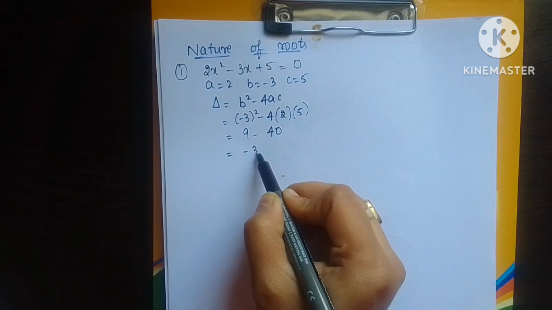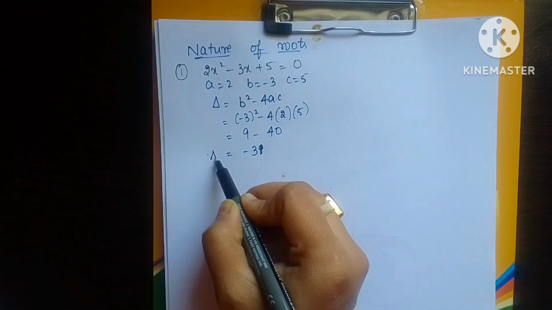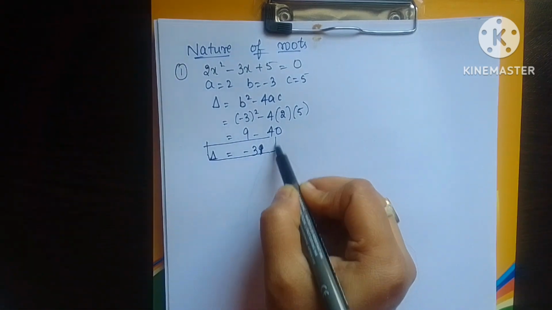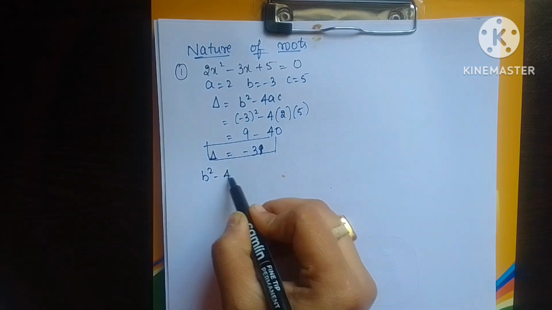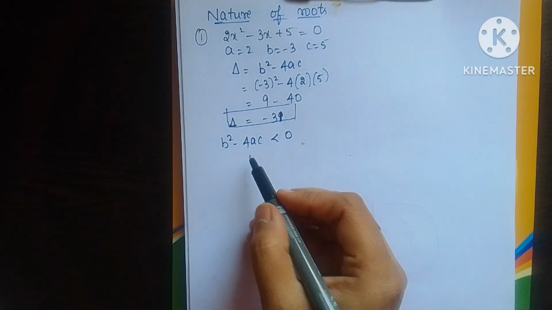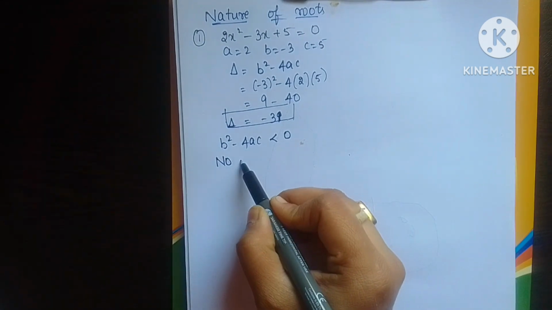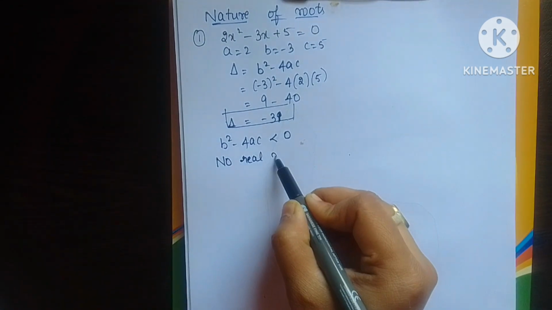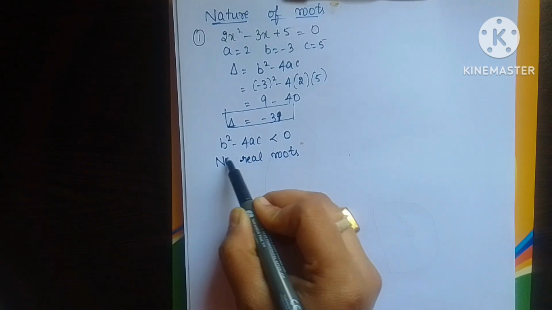So we are getting minus 31. So delta is equal to minus 31, that is, b square minus 4ac is less than 0. Less than 0 means no real roots, which means the roots are imaginary.